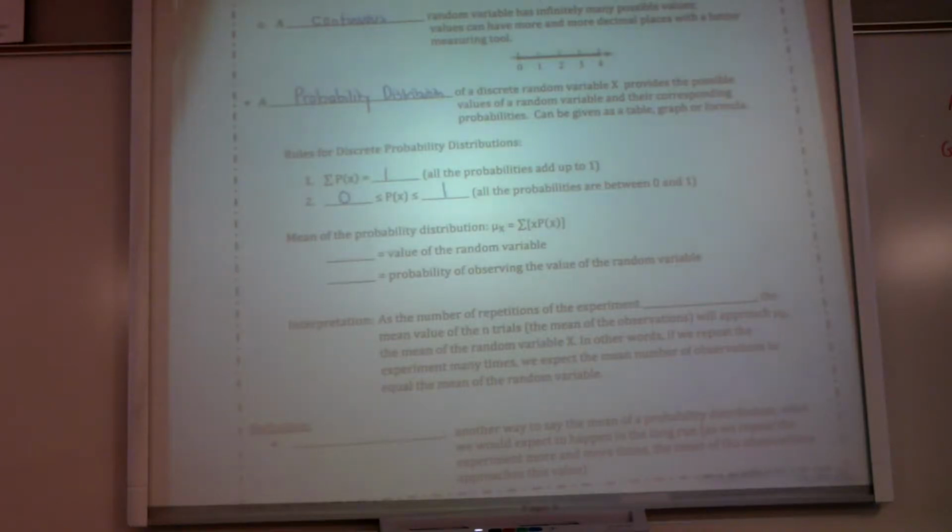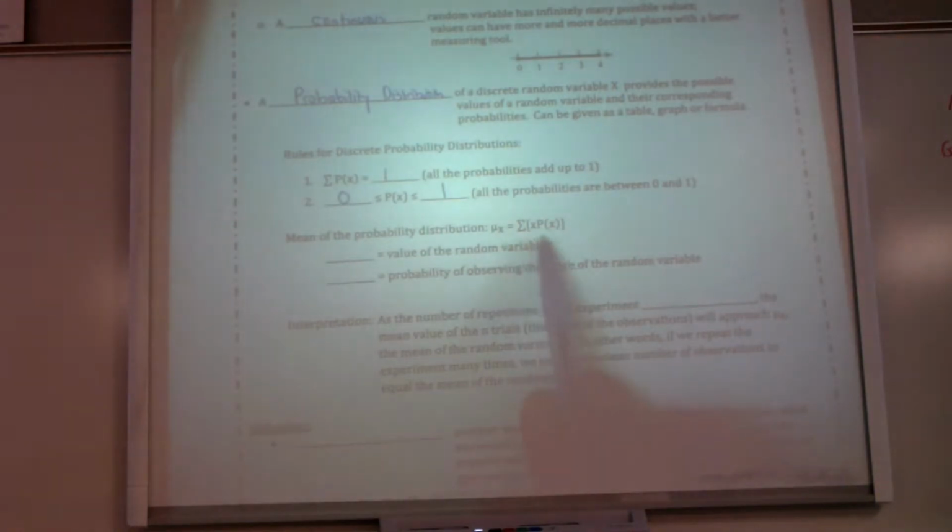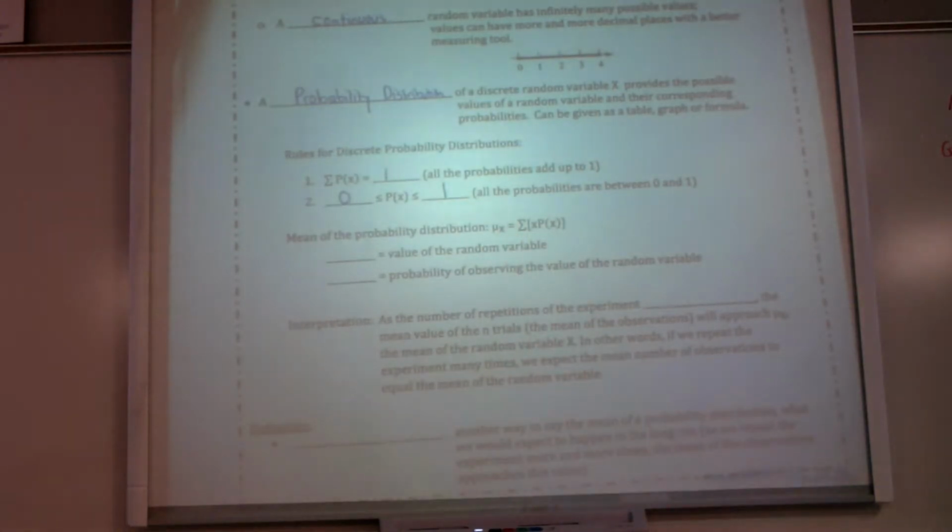All right, now our first formula here looks a little scary because it has some Greek letters in there, but it's not so bad. It's just saying the mean of our random variable x is the sum of all of our different values times the probability of those values. We're going to see how that's used quite a bit today.